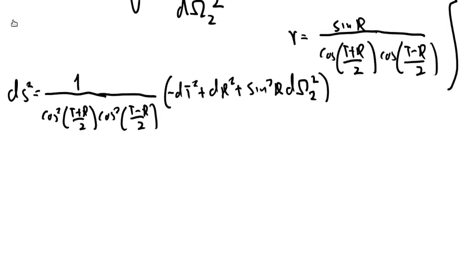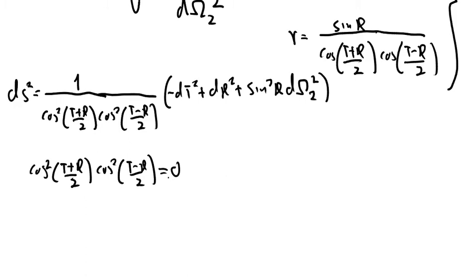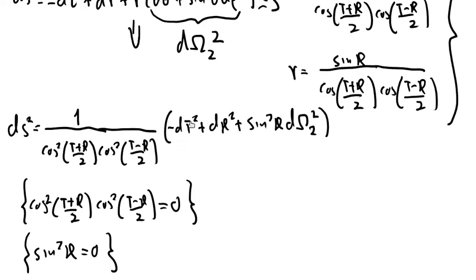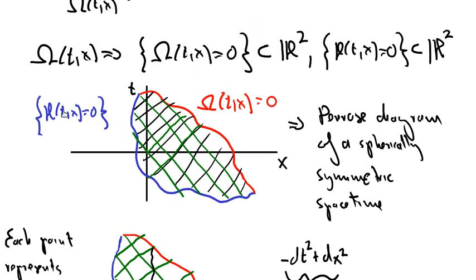We need to find the zero set of the conformal factor, and we also need to find the zero set of this function, which corresponds to what I called before this function.